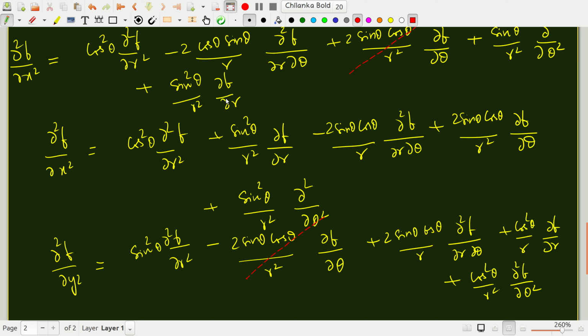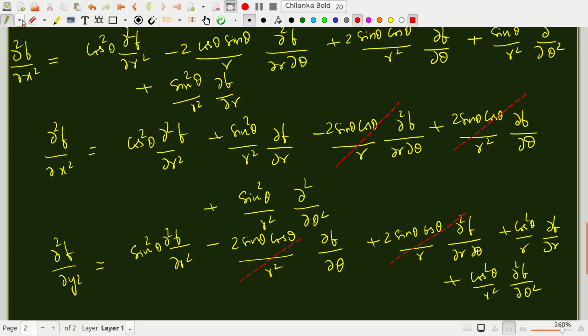Okay, so let's just write it here. This term is going to cancel out. This is minus 2 sine theta cos theta. This is going to cancel out with this.